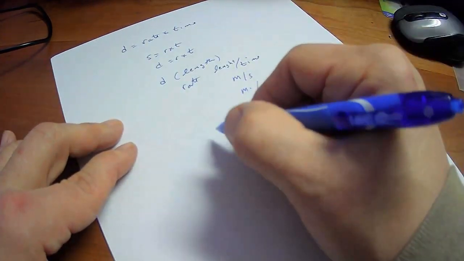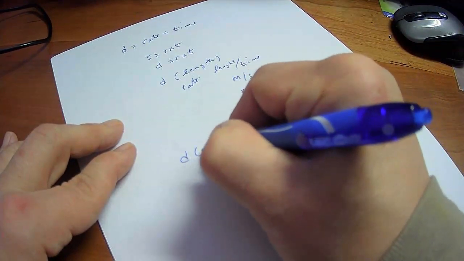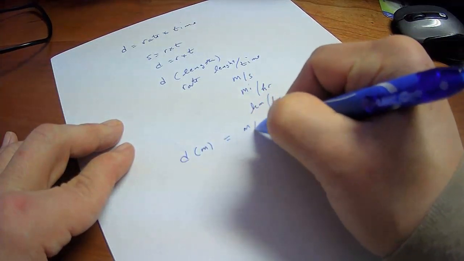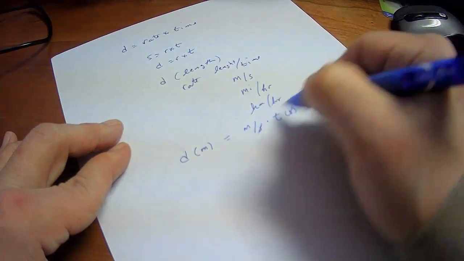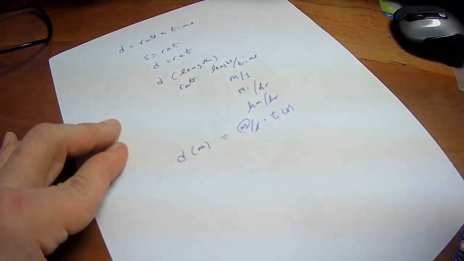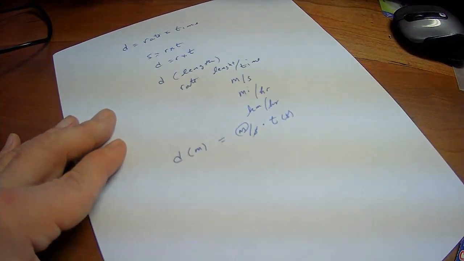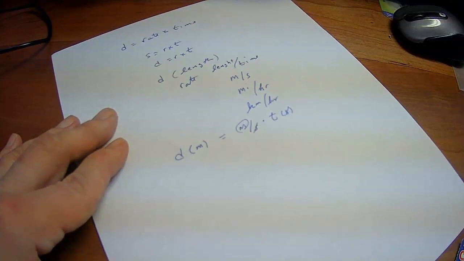So in this case, if I've got distance in meters, and I have my rate in meters per second, I want my time to be in seconds, so that the seconds would cancel, and I'd be left with my units of meters. So the example they give in the book, they're using miles per second.